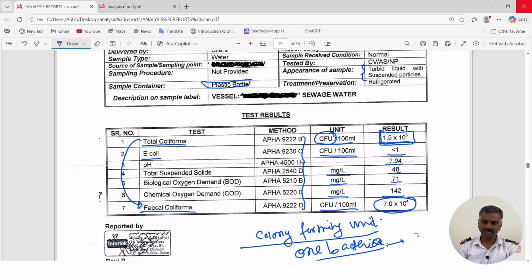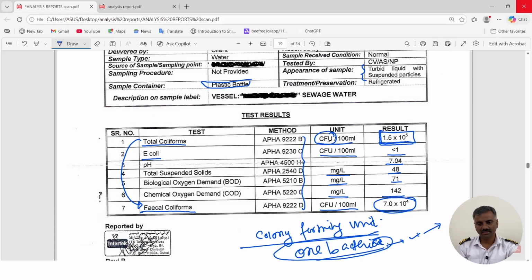As we are aware, bacteria do not need a couple of bacteria to grow and multiply. Only a single bacteria can grow and multiply into a colony. So only one bacteria of one type, if it is present, will be able to form a colony.